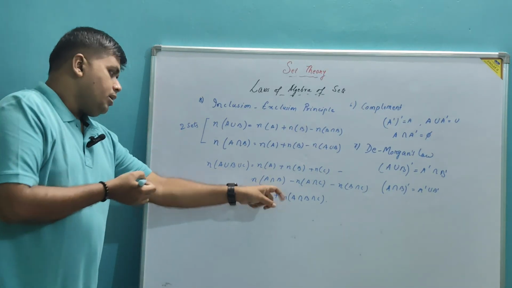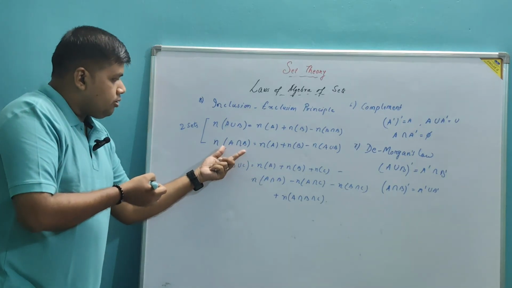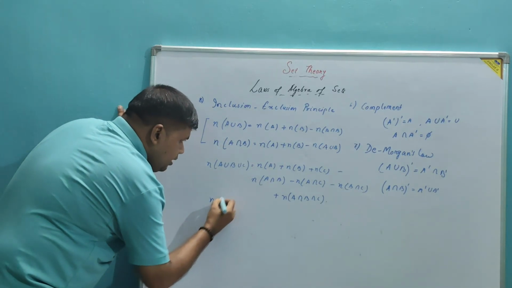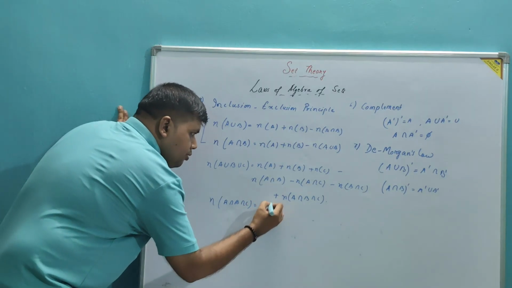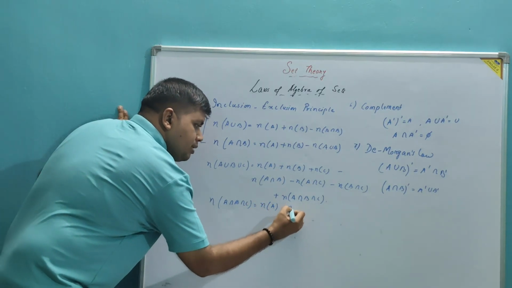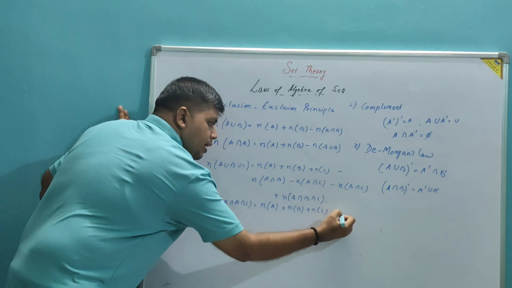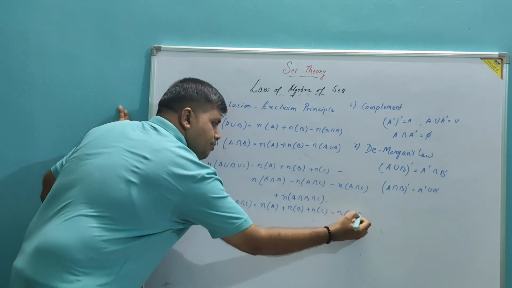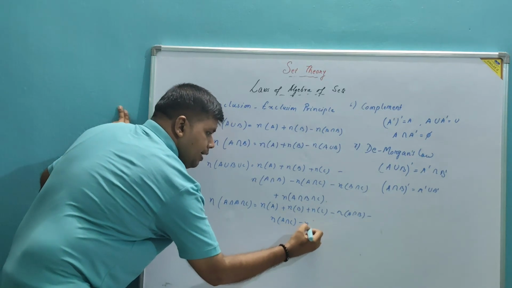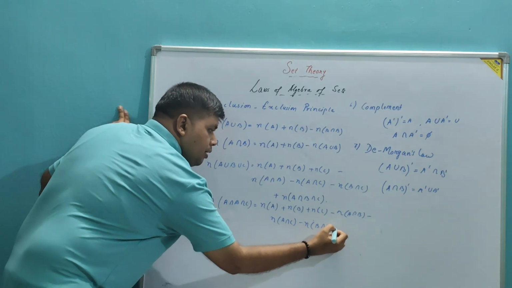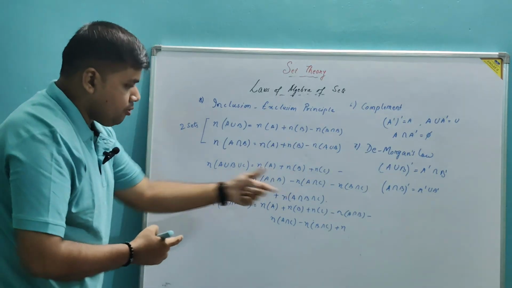If we shift this to the left hand side and shift this to the right hand side, N of A intersection B intersection C will be equal to N of A plus N of B plus N of C minus N of A intersection B, minus A intersection C, minus B intersection C, plus N of A union B union C, since we have shifted this to the left, so this will come to the right.